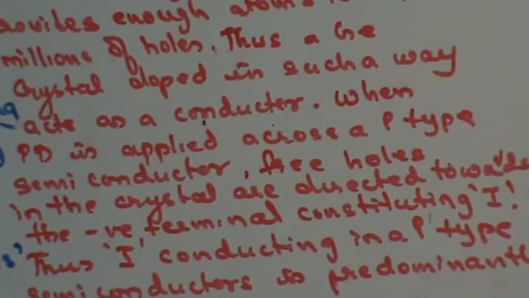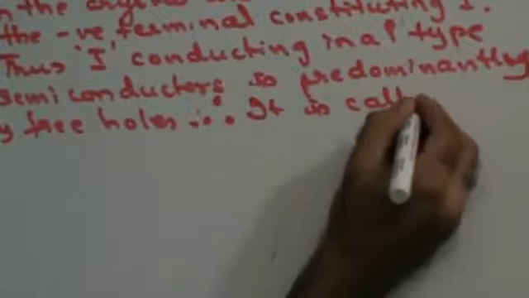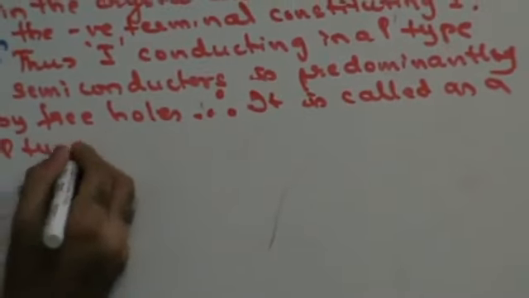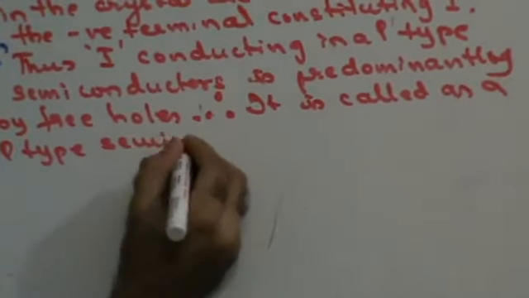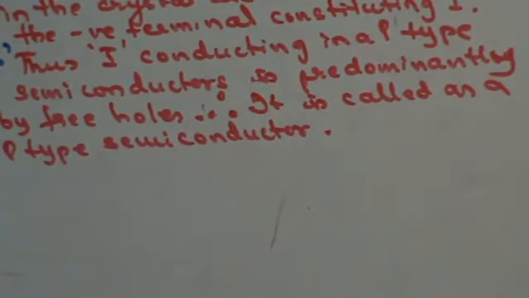And therefore it is called a p-type semiconductor, right? Do we understand this?